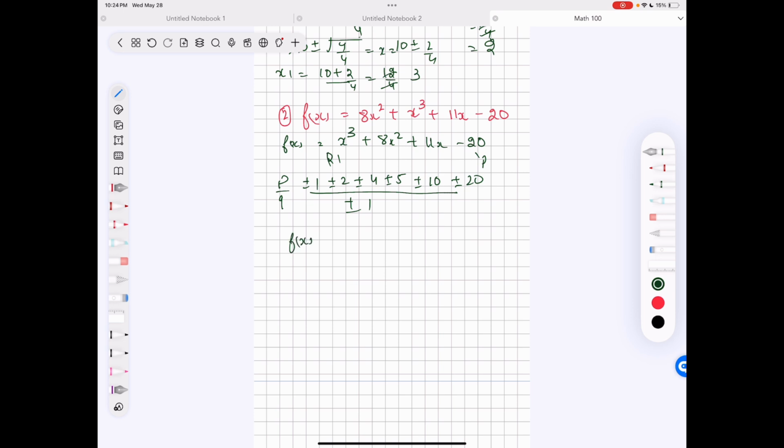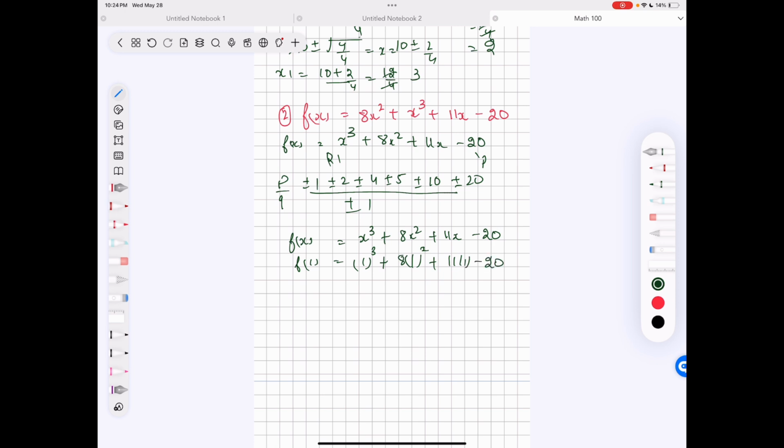Our function is f of x equal to x to the power 3 plus 8x squared plus 11x minus 20. So f of 1: we take x as positive 1 and substitute it into all of these terms. So we'll take x cubed plus 8 times 1 squared plus 11 times 1 minus 20.